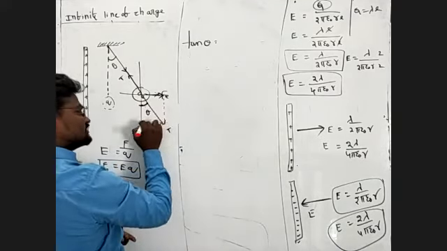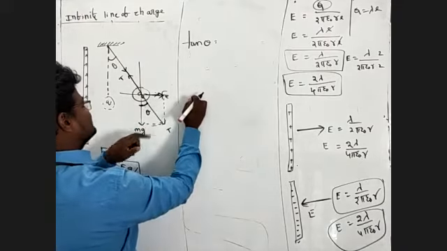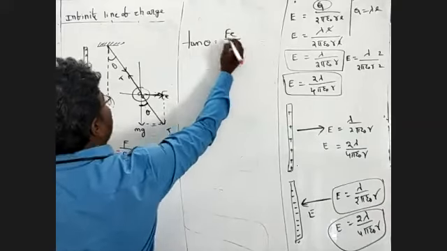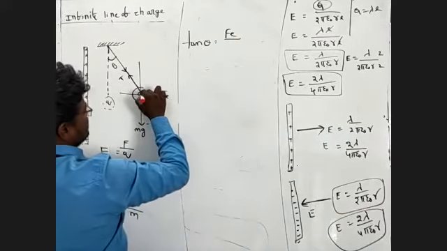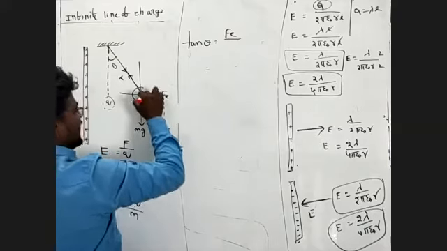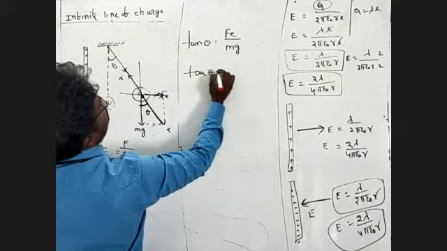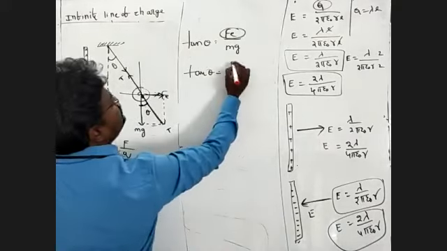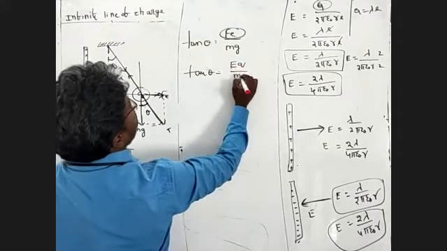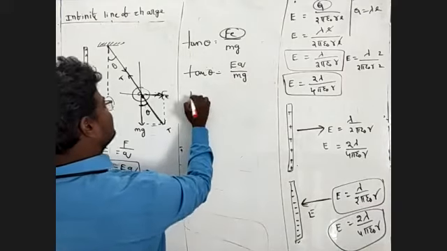This is the opposite side, this line parallel to this one, that is F. This is the hypotenuse, and this is the adjacent side, mg. Now tan theta is equal to Fe, and Fe means EQ, so EQ by mg. So tan theta is EQ by mg.